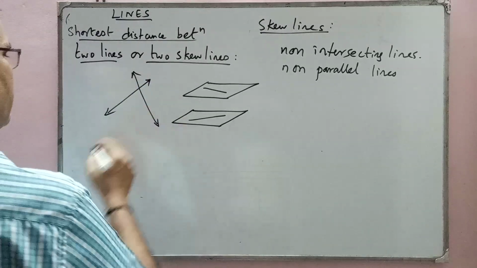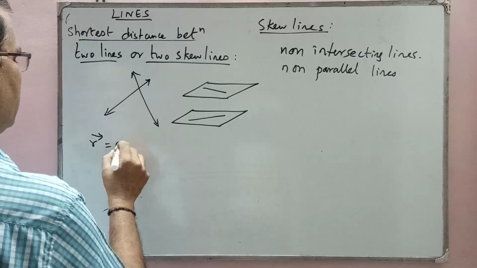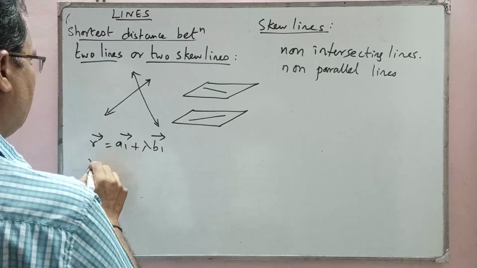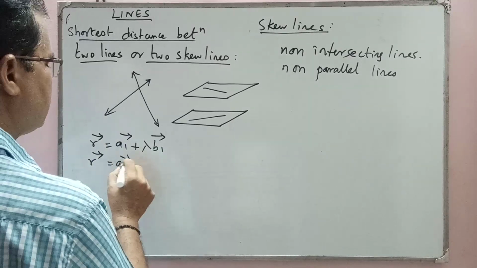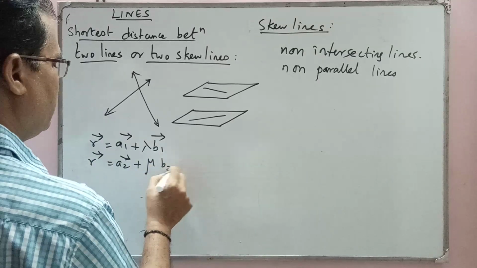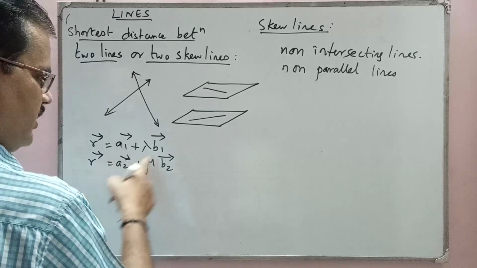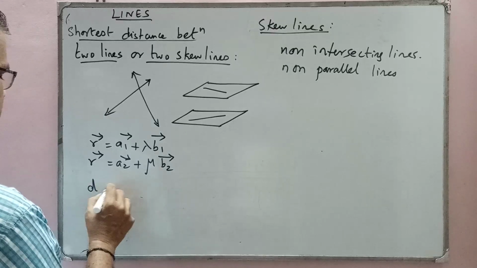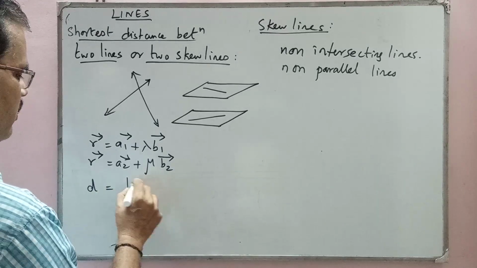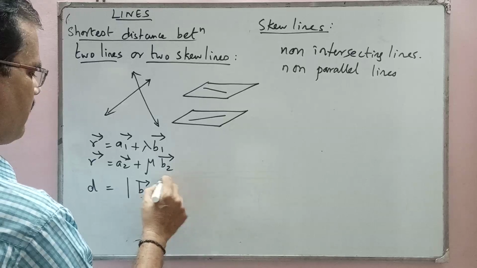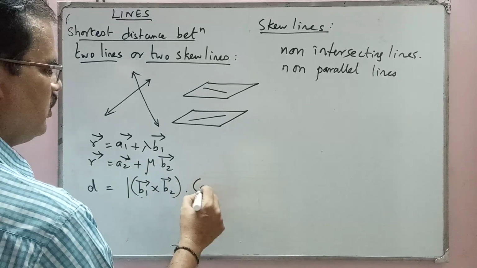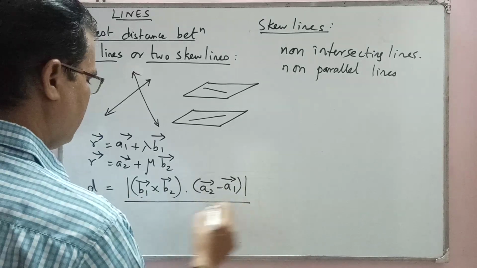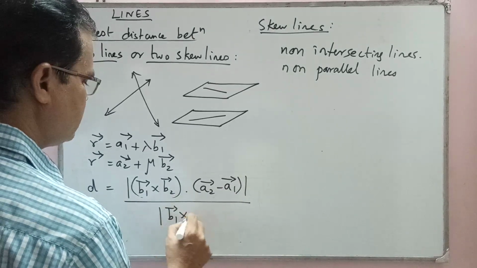The formula says if the two equations are, r vector equals a1 vector plus lambda b1 vector, this is the equation of one line, then r vector equals a2 vector plus mu into b2 vector. So these are the points and these are the directions; two lines' equations I have shown here. Now the shortest distance d equals modulus of b1 vector cross b2 vector dot a2 vector minus a1 vector by modulus of b1 vector cross b2 vector.